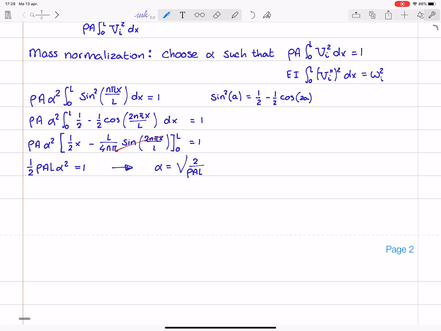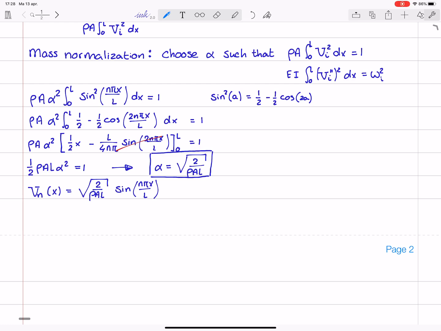And hence the mass normalized mode shapes V_n equal the square root of 2 over rho A L times the sine of n pi x divided by L. So this is the value of alpha for which the modes are mass normalized.